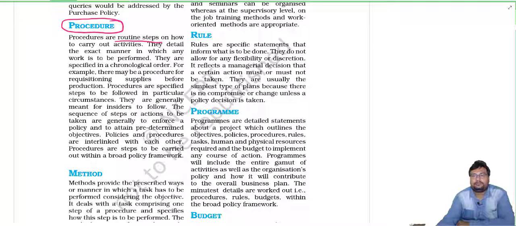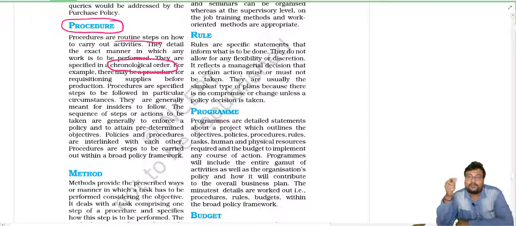Procedures are the predefined sequence to complete a particular work. When there is a chronological order, that is also considered a procedure. For doing routine steps, the predefined sequence that the person has to follow is considered a procedure.